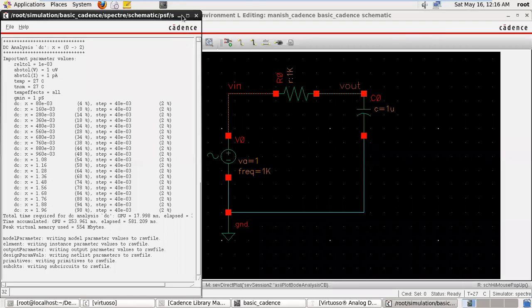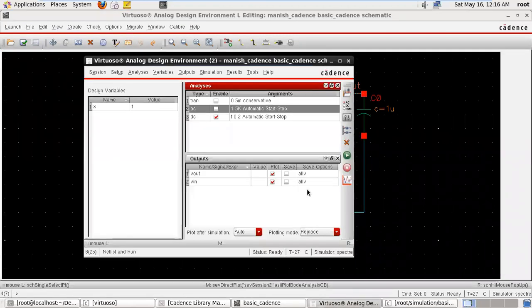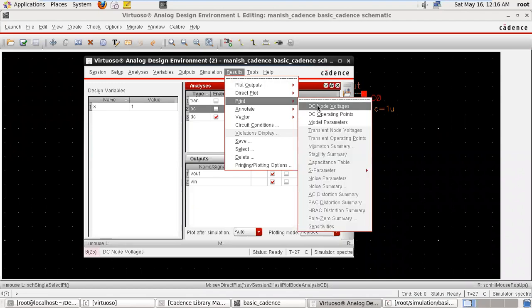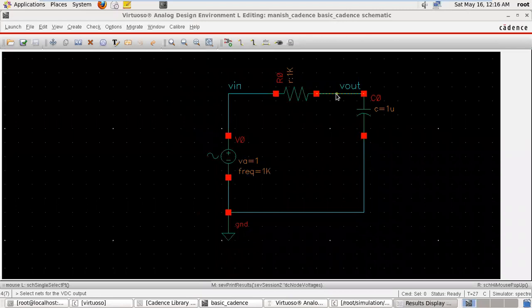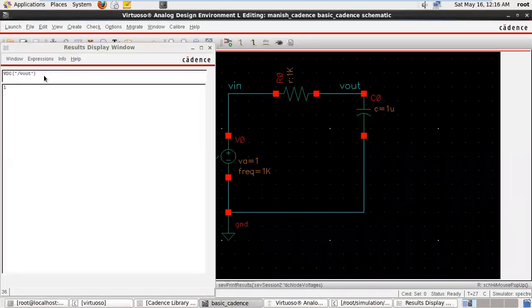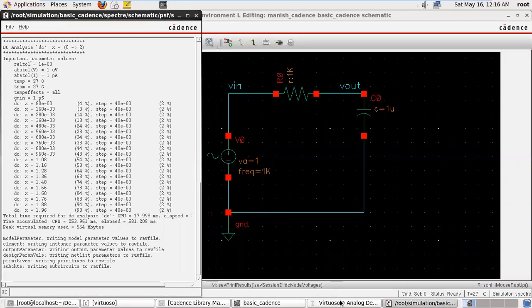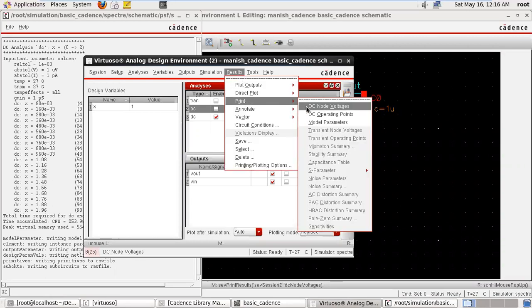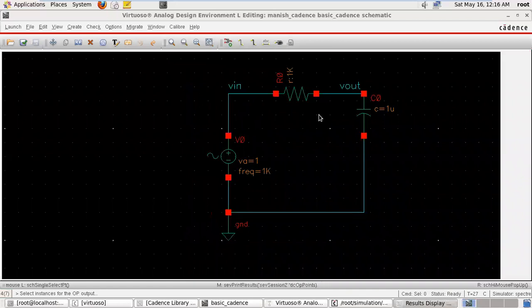We can also find, in the case of DC, the different node voltages or the operating point through the result print. When you click on DC node voltage and click at a particular point, the voltage at this node is 1 volt DC, V in is 1, and at the ground node the ground voltage is 0. So you can check the voltage of every node using the result print and the DC operating point.